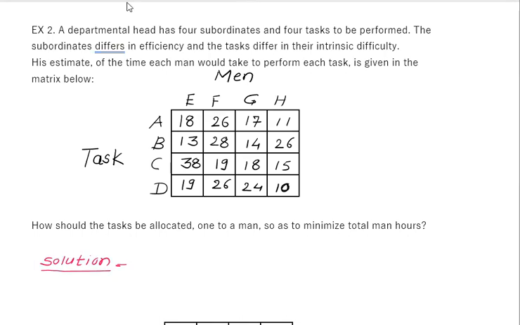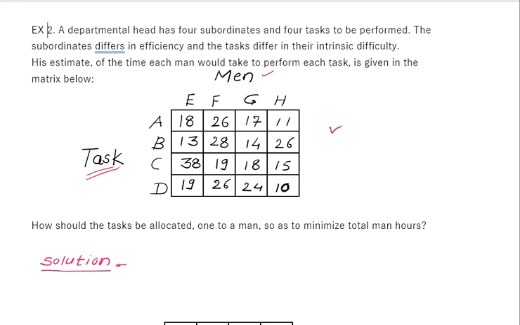That is, the departmental head's estimate of the time each man will take to perform each task is given in this matrix. So the cost matrix gives you the time taken by these 4 persons to perform these 4 tasks.